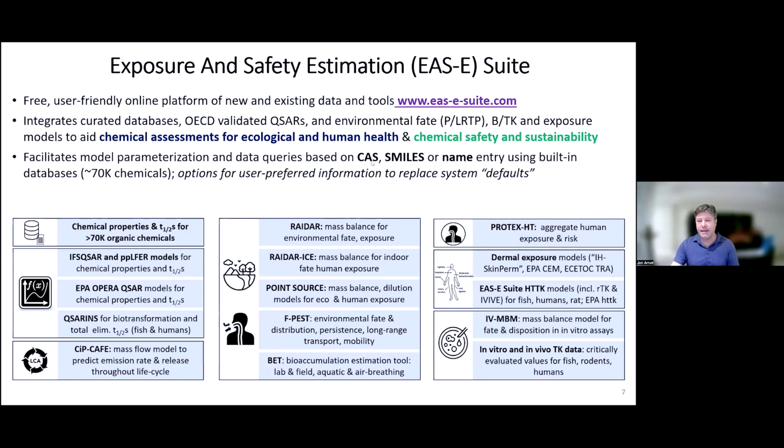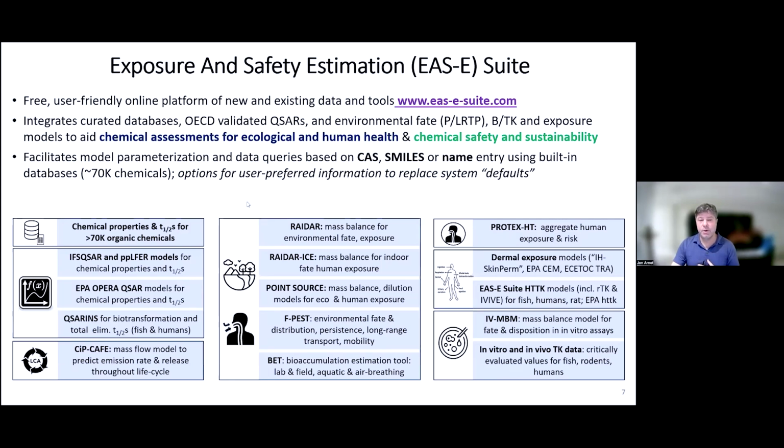So by simply entering a chemical CAS registration number, structure, or a chemical name into the system will populate the parameters required to run all sorts of models that we've developed, as well as other models that other agencies have developed. And it provides then an opportunity within a matter of seconds for someone to start using exposure and other tools, other models, computational tools.